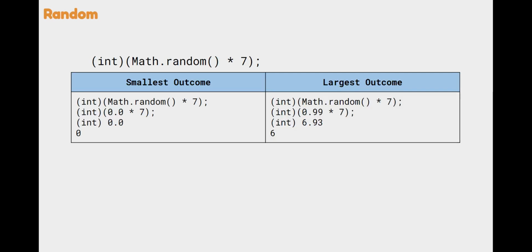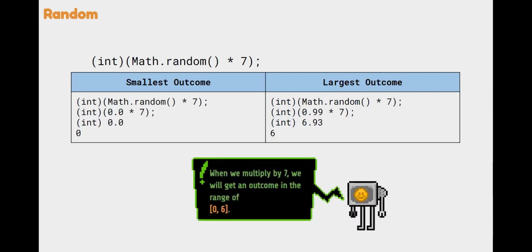Looking at the largest outcome, Math.random would evaluate to a 0.999999 something. I just used 2 nines to shorten it up here. We multiply that by 7. That evaluates to 6.93. When cast as an int, that is 6.